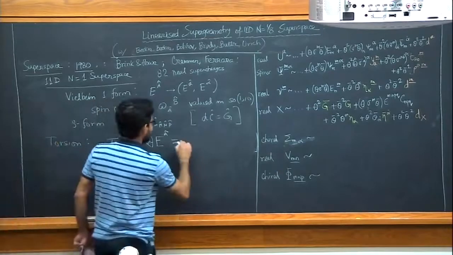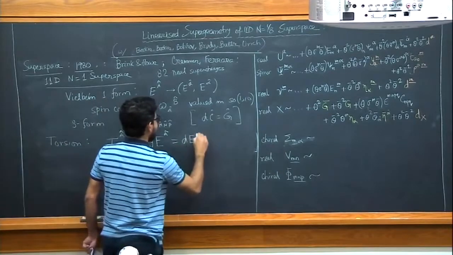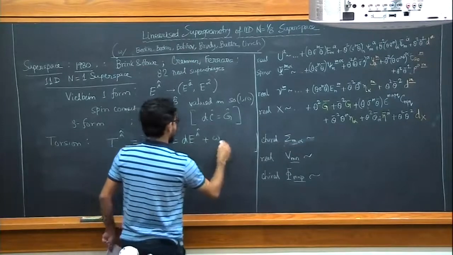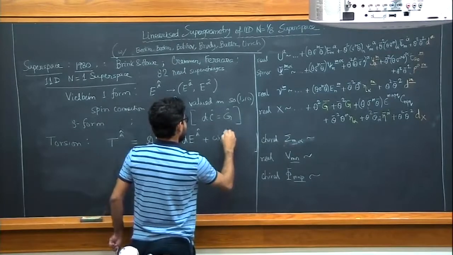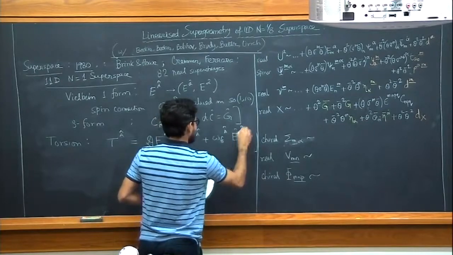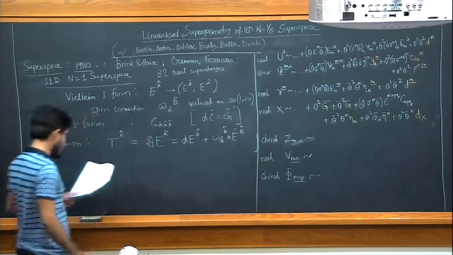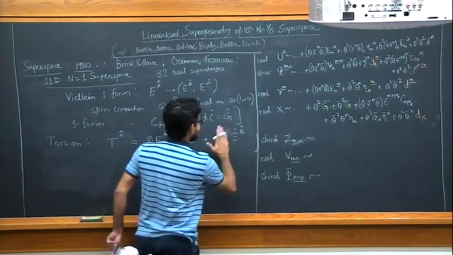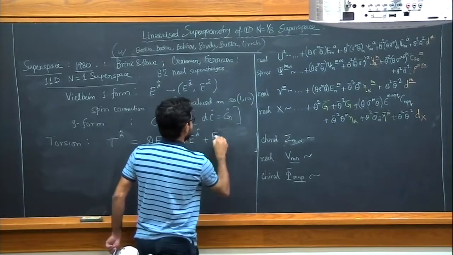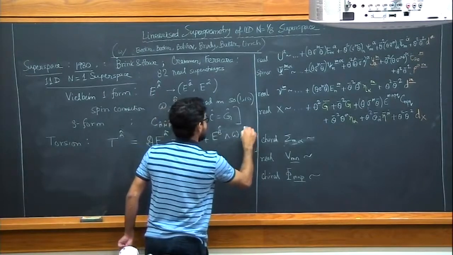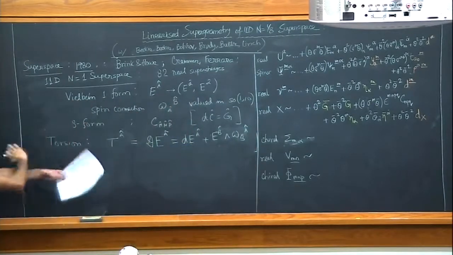If you write it out, it is going to look like this: dE^A plus omega E^A, or maybe the other way around. Let me switch the order. The other one also works, but up to a sign.